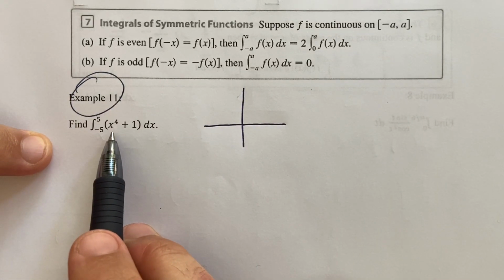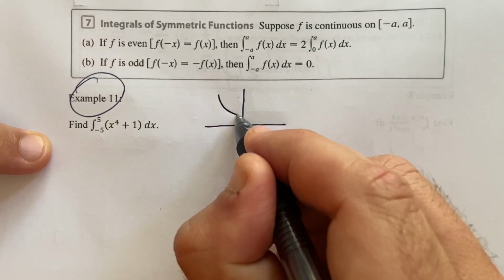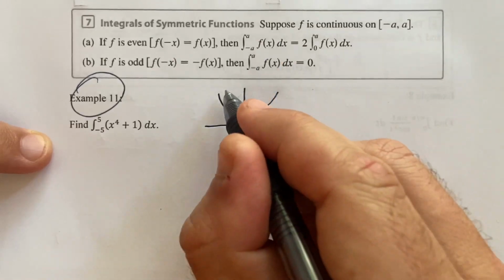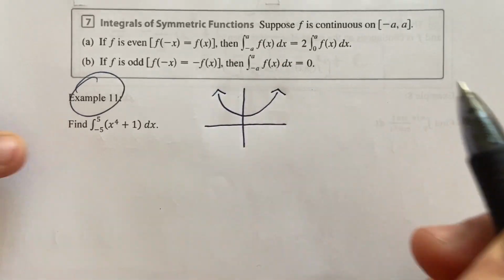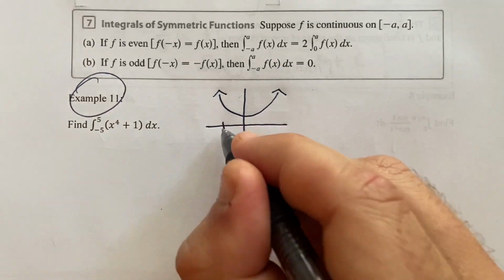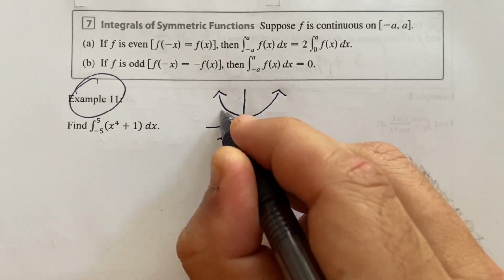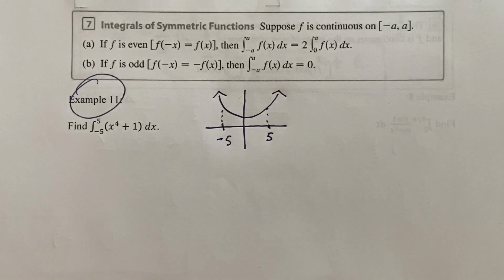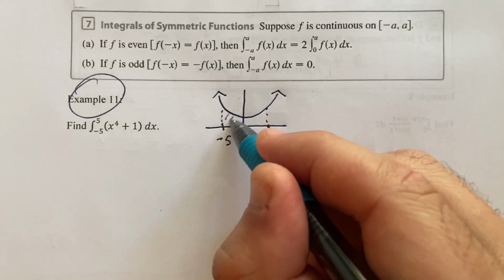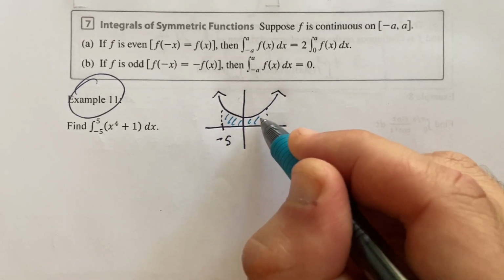It's not a quadratic, it's a quartic function, but it kind of looks like that. So we'd have this essentially. And if you're going from -5 to 5, then this area would completely match this area.